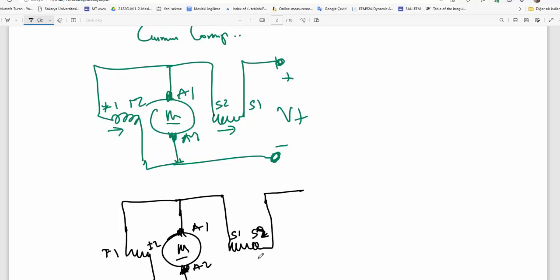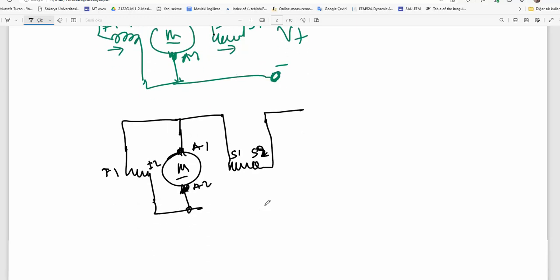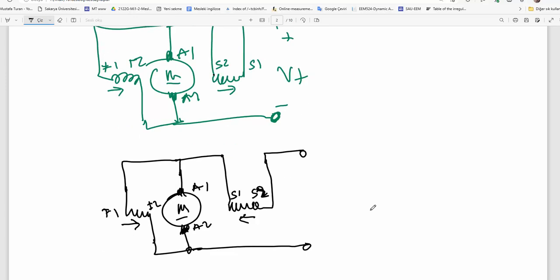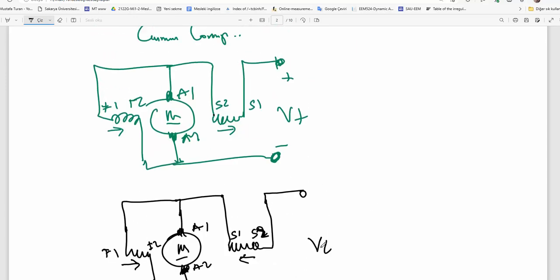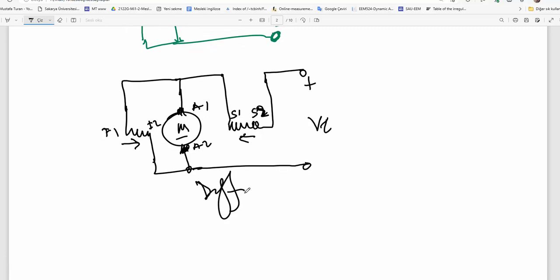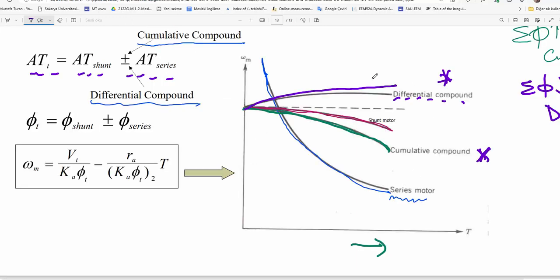The terminals in the series coil are reversed, making subtraction, not addition. Here is VT, that is called differential compound. The result is a mixture of both unique characteristics.